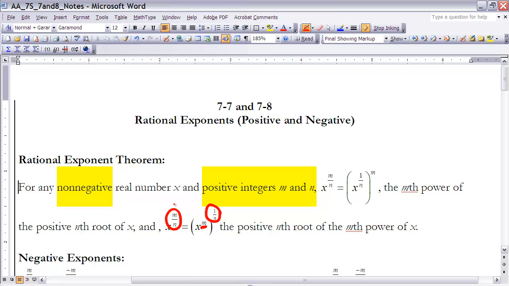It doesn't matter the order in which we take the power or the root, but when I have a number that's being raised to a rational power, some number over another number, the top number represents the power and the bottom number represents the root. So I'm going to take that number, raise it to the mth power, and take the nth root of it.